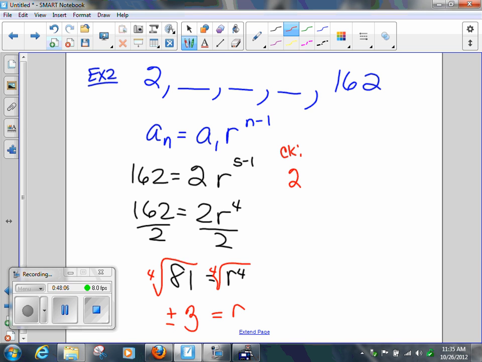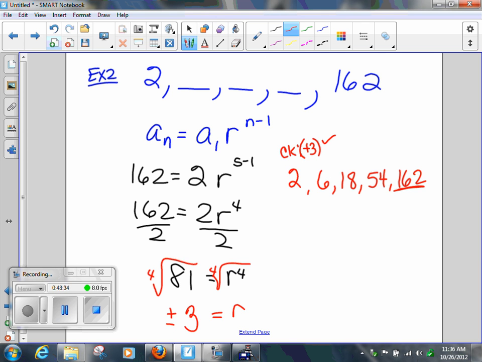2 times, let's check positive 3. 2 times positive 3 is 6. 6 times positive 3 is 18. 18 times 3 is 54. Is 54 times 3, 162? Yes, all right. Positive 3 is going to work because 162 is what we started with.